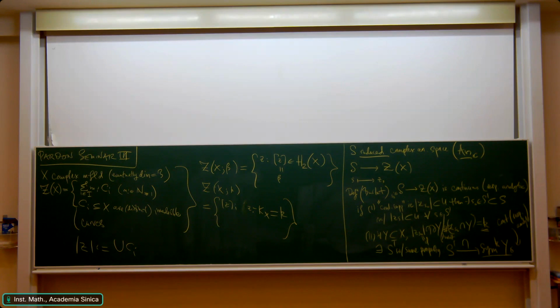I didn't read Barlet's paper, so I would assume the definition of multiplicity is you write local equations and look at the Taylor expansion, because you have analytic functions. Sorry, I misspoke. Y is a locally closed analytic submanifold.